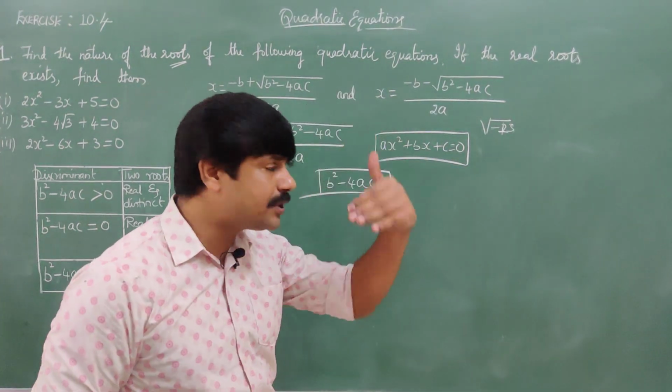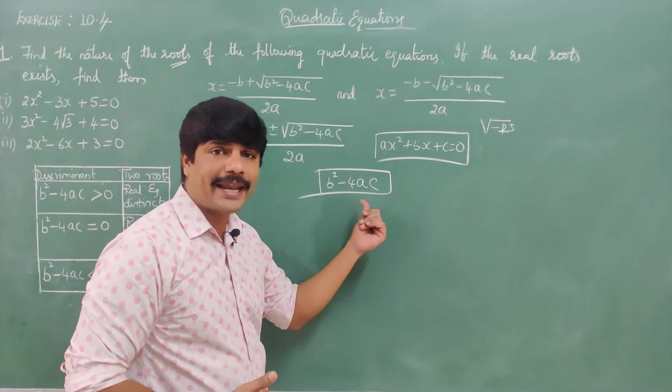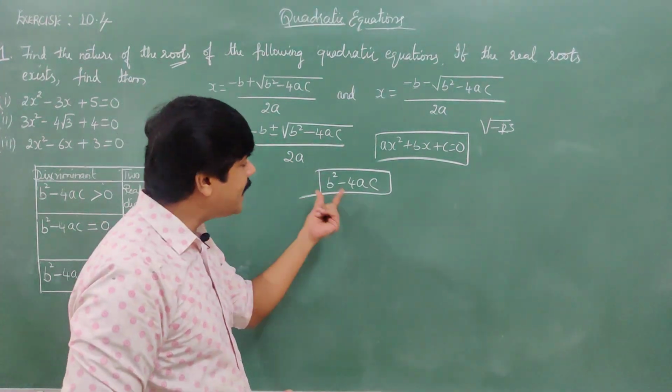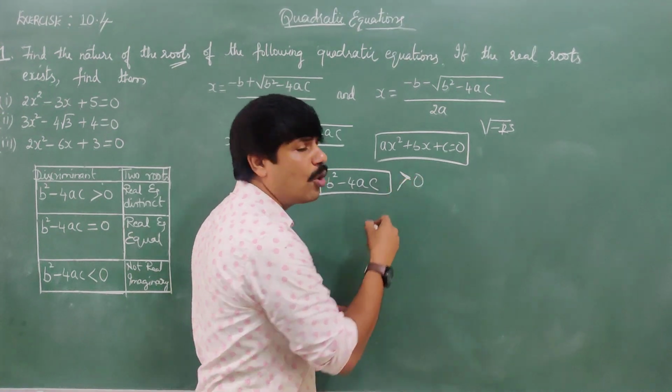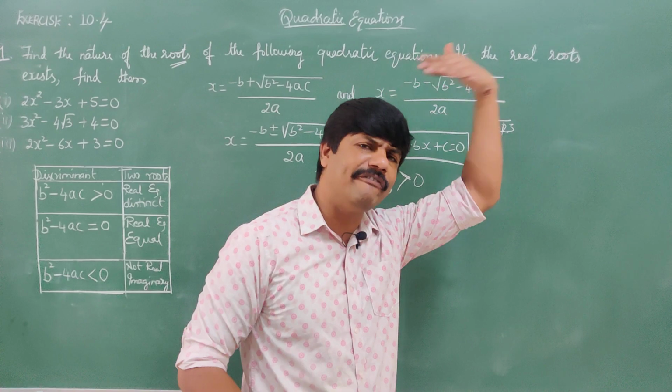So that is judged by this particular factor called b square minus 4ac, which is present inside the square root. Understand this. If b square minus 4ac value is more than 0, what is more than 0? 1, 2, 3, 4, 5, 6, 7, 8, 9, 10, everything.